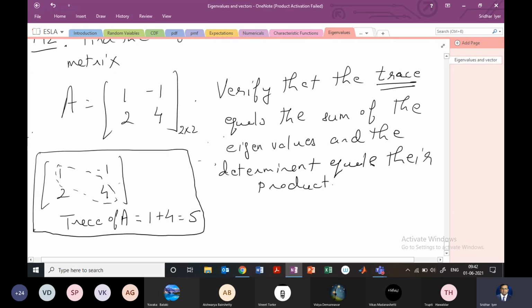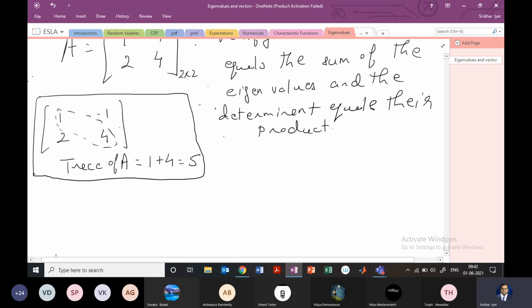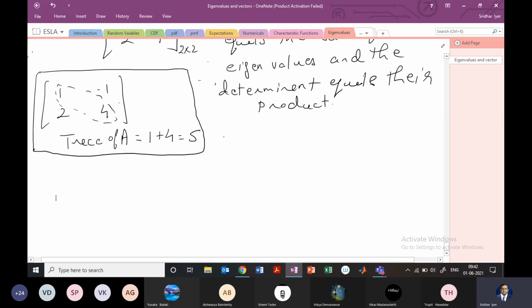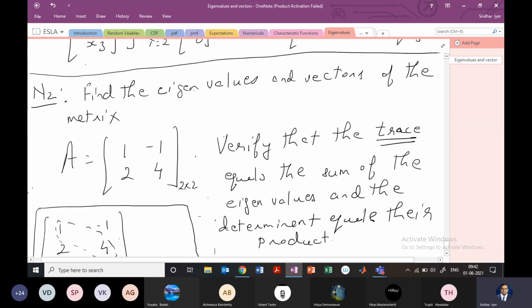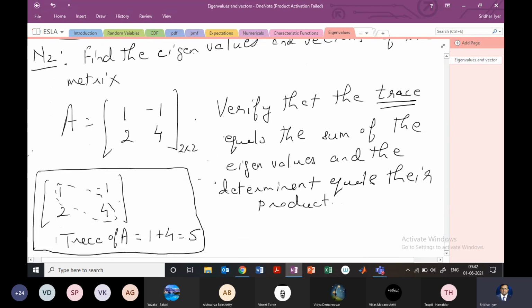So I'll just give you a little time. Try to find the eigenvalues. It's a 2 cross 2 matrix, it should be simple, and I'll also solve it so we can check the answer. What you have to do is find the determinant of A minus lambda I and equate that to 0, and you will get a quadratic equation because it's a 2 cross 2 matrix.